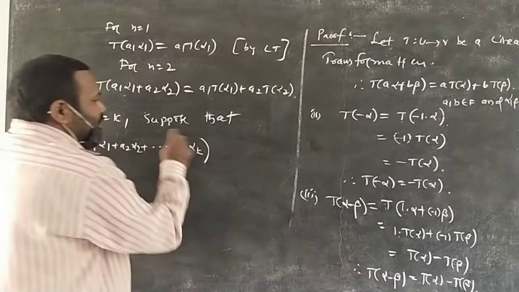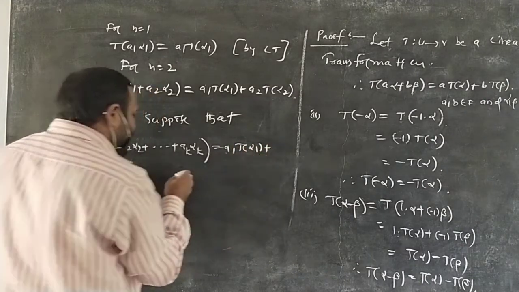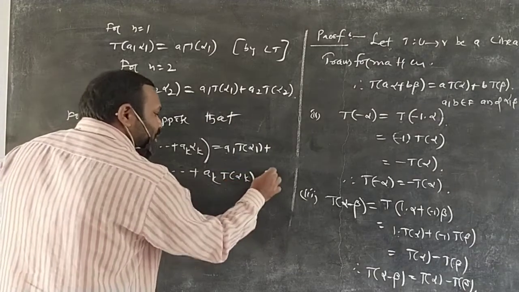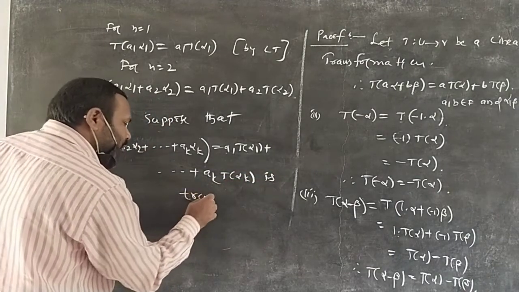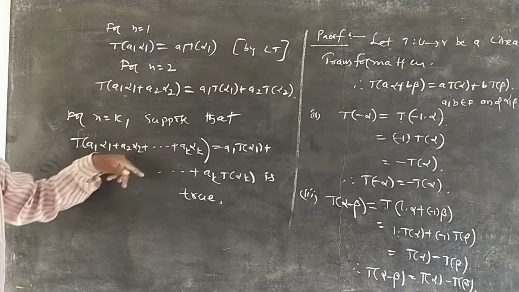Suppose that a1 T of alpha 1 plus and so on plus ak T of alpha k is true. It is taken to be true for n equal to k.